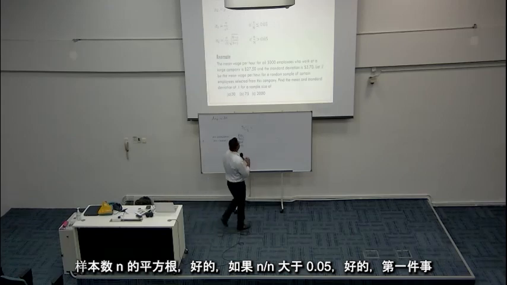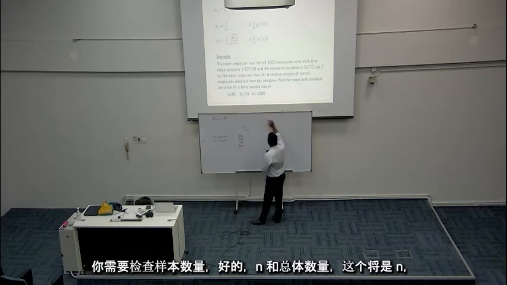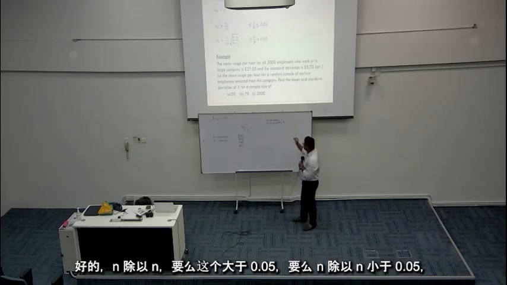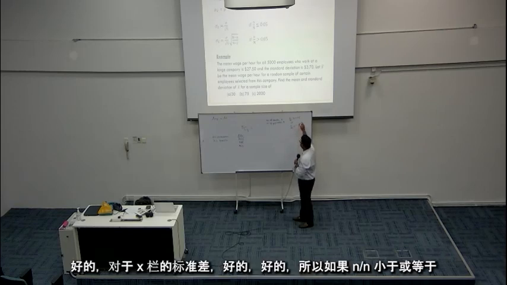First thing you need to check is the number of sample n and the number of population N. Either n over N is greater than 0.05 or n over N is less than 0.05.